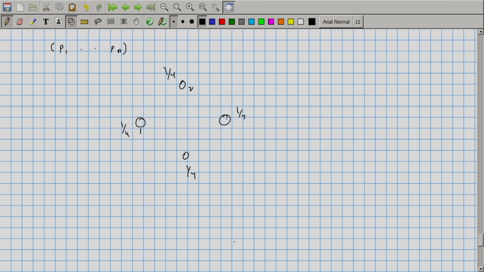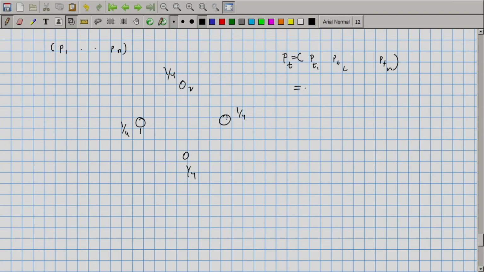Then at the next stage, if you indicate by Pt the probability vector Pt1, Pt2, Ptn, let us say this denotes the probability that you are in state i at time t, then this is going to be equal to P0 times P raised to t. This is also, you can easily verify this.